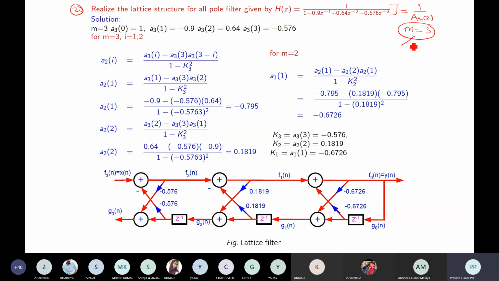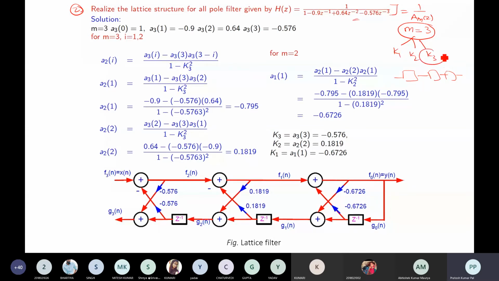If the order is 3, there will be 3 k values, k1, k2 and k3, and we need to find out the k1, k2 and k3 values. Also, if there are 3 k values, that means 3 stages will be there, 1 stage, 2 stage and 3 stage, for designing our given filter. So we need to find out k1, k2 and k3.